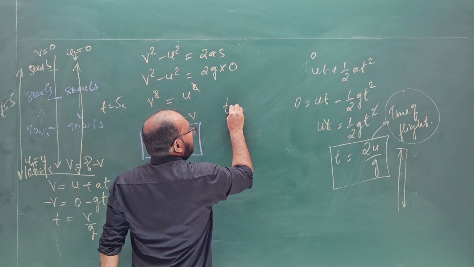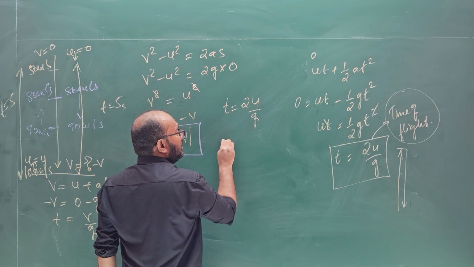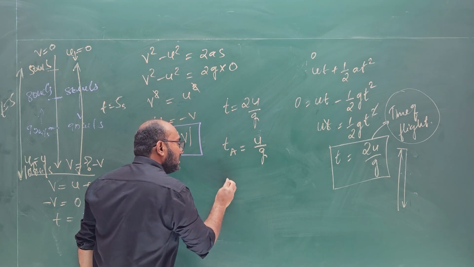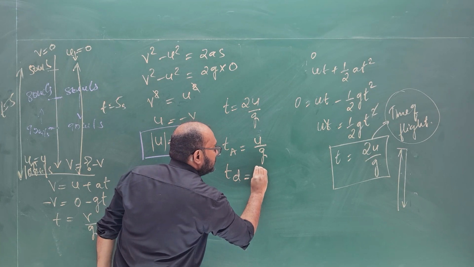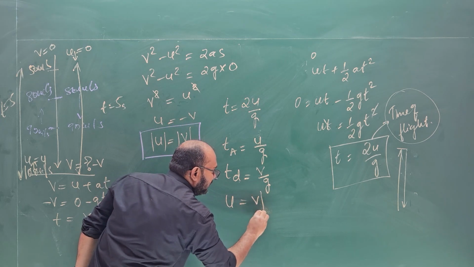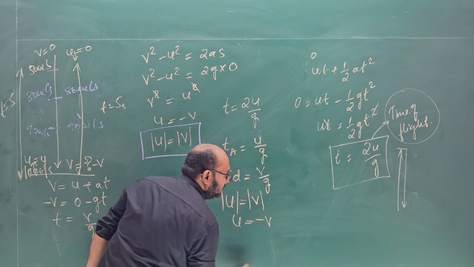So what are the equations we got? Time of flight t is equal to 2u upon g. This is the total time. Or time of ascent is equal to u upon g. Or time of descent is equal to v upon g. We already know that u is equal to v in terms of magnitude, or u is equal to minus v.